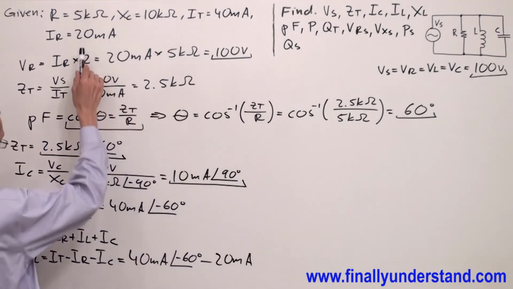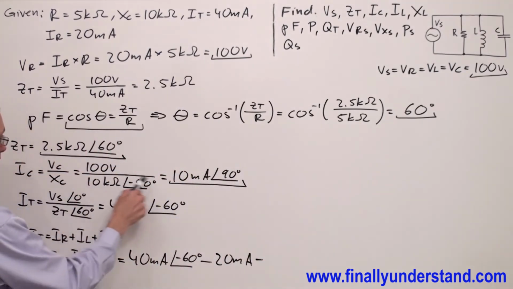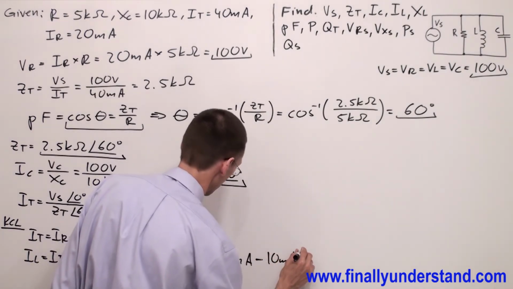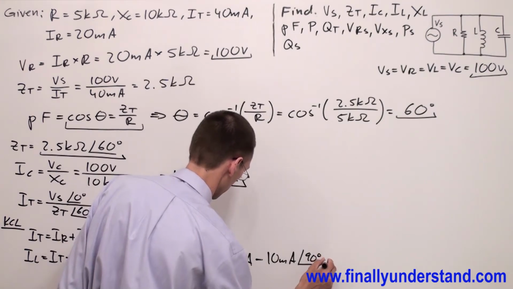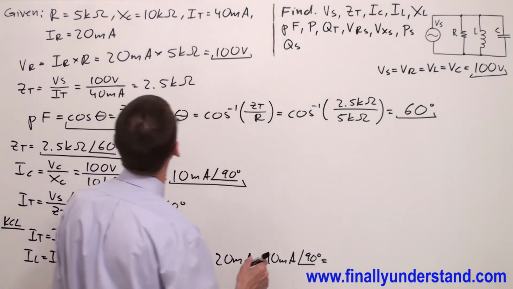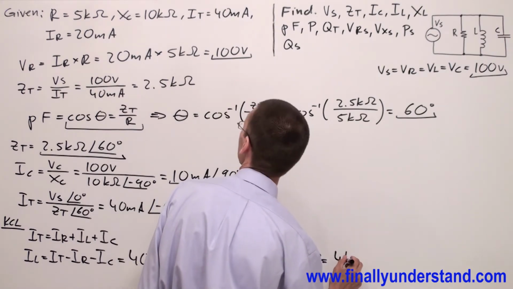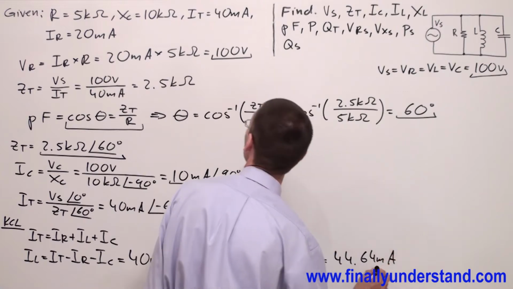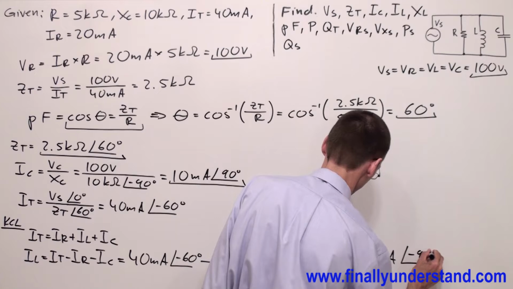This current is given. Minus IC, 10 milliamps, an angle of 90 degrees. This is equal to 44.64 milliamps, an angle of negative 90 degrees.